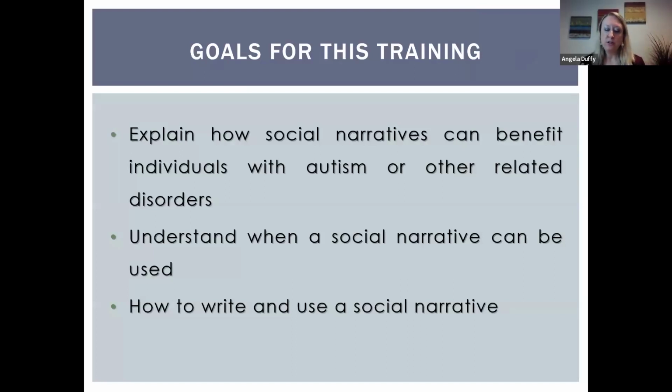Your child might not have autism, but maybe they have some anxieties in certain areas, maybe a generalized anxiety, and especially with new situations, it could be really challenging going into those, like meeting new people or going to a new place, or maybe going to an event that's brand new. These social narratives can really help our children and adults as well.